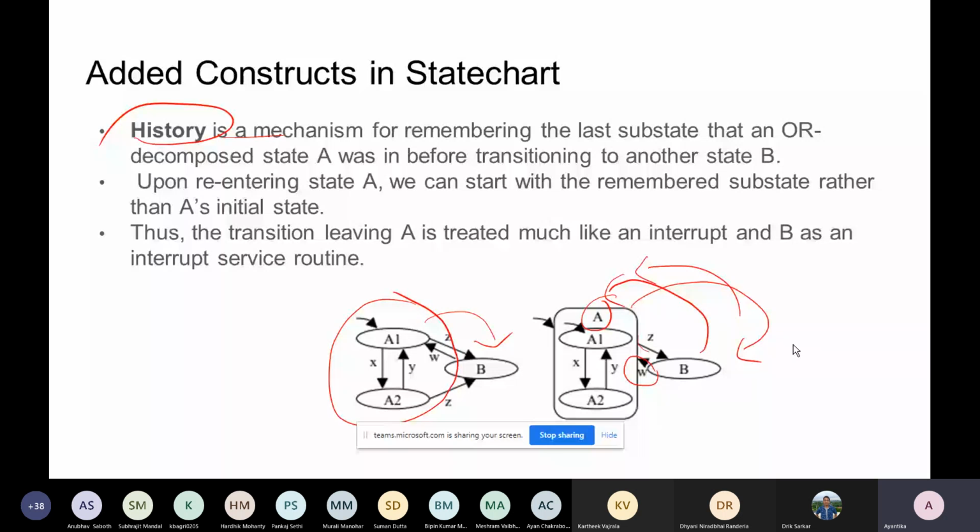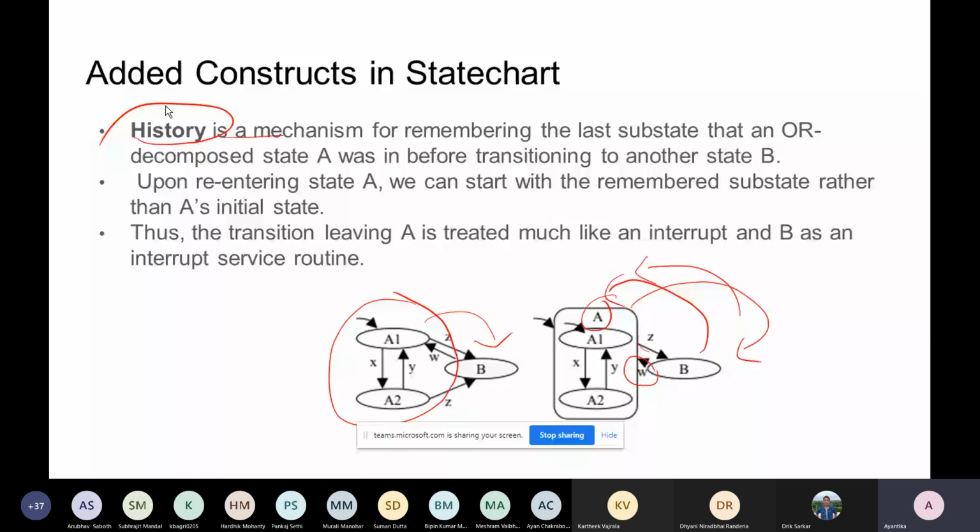When you use many tools or languages related to this, you may see that somewhere history is maintained, somewhere it is not. Somewhere a predefined initial state is maintained, like in our elevator example. The elevator example doesn't hold any concept of history, because after fire mode you start from the ground floor.